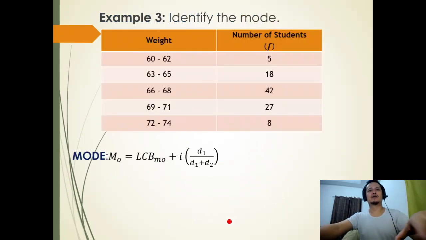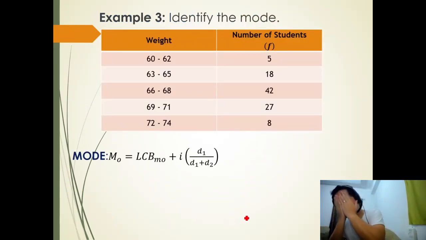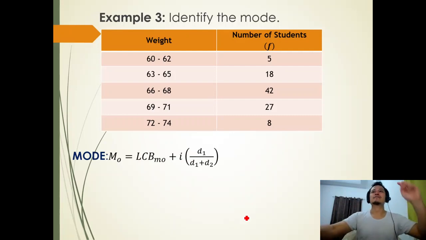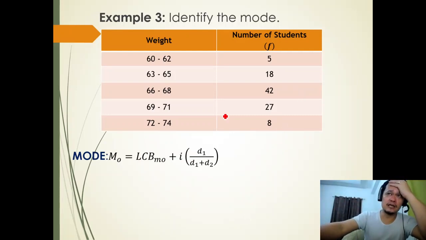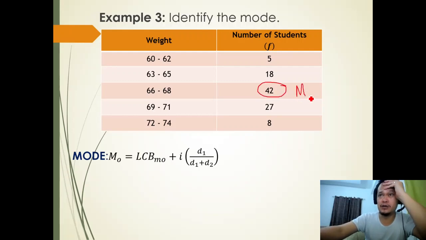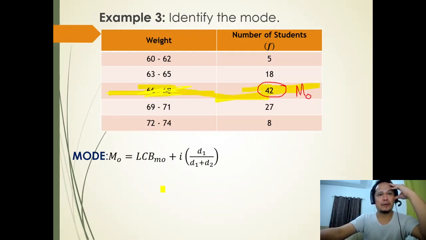Now let's go back to our table. The given is we have these class intervals, and then we have this frequency. To locate your modal class, all you have to do is take a look at the highest frequency. The highest frequency on this one is 42, so this 42 here will be your MO. Let me highlight my MO because this is very important. This will be my modal class.